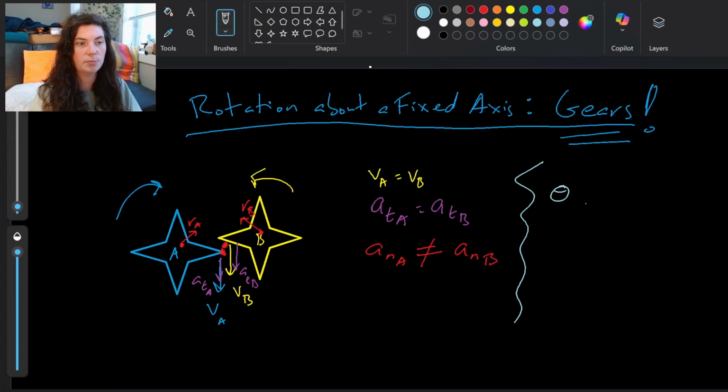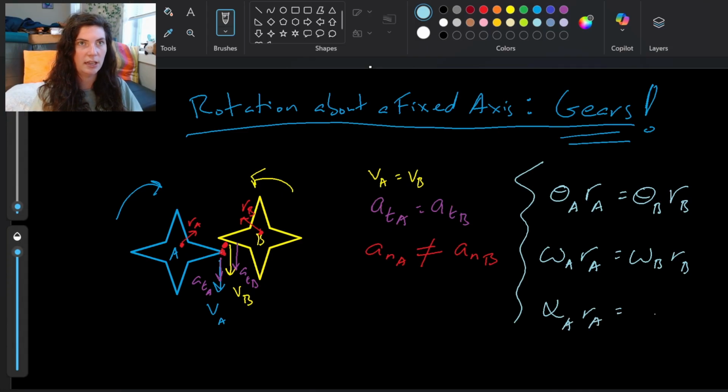So the angular position of gear A times the radius of gear A equals the angular position of B times the radius of B. And this works the exact same all the way down through velocity and acceleration. So the angular velocity of A times the radius of A equals the angular velocity of B times the radius of B. And the angular acceleration of A times the radius of A equals the angular acceleration of B times the radius of B.